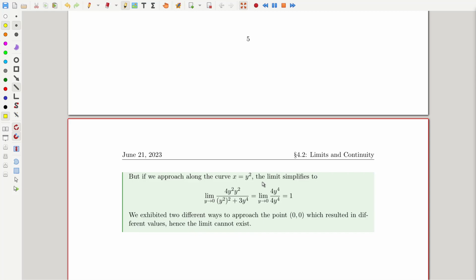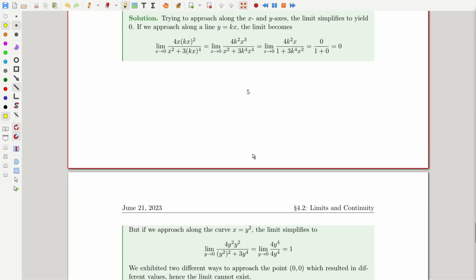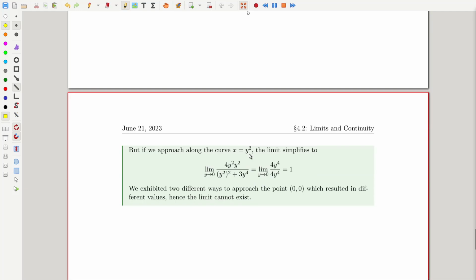And again, I want to stress that this technique, or this method of choosing different paths and trying them out, can never be used to show a limit does exist. It can only be used to show a limit does not exist. Right? To show a limit does exist, you would need to make an argument about how every single path would give you the same value.